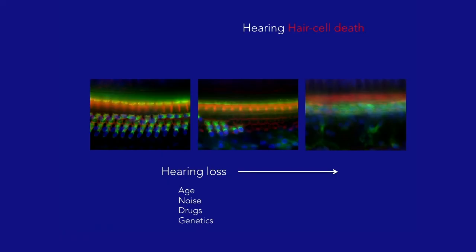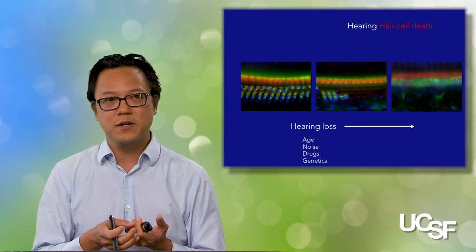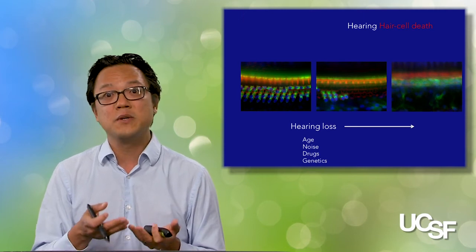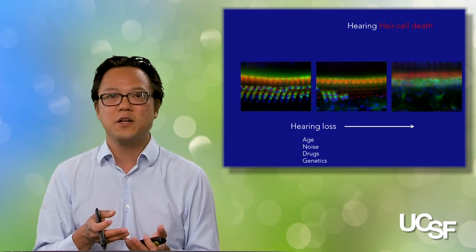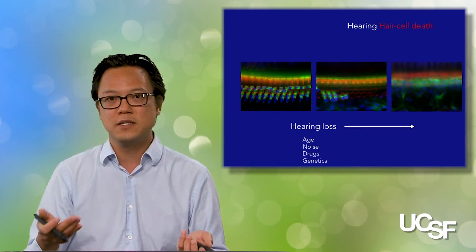So we talked previously about conductive hearing loss, where different structural or anatomic differences in the outer or middle ear contribute to a decrease in sound conduction to the inner ear. But actually the most common cause of hearing loss, and one that almost all of us will experience as we age, is sensory neural hearing loss. And sensory neural hearing loss happens principally when hair cells in the cochlea die.